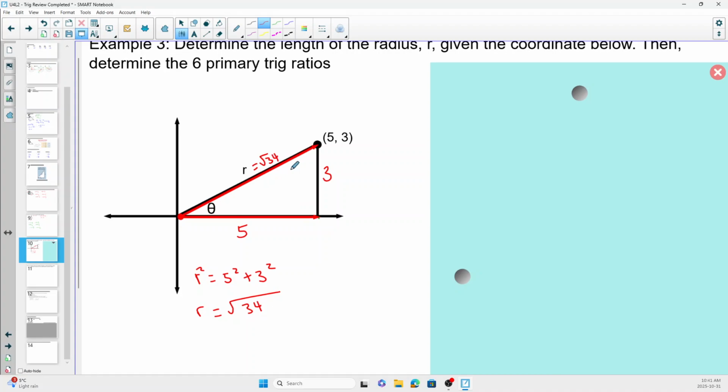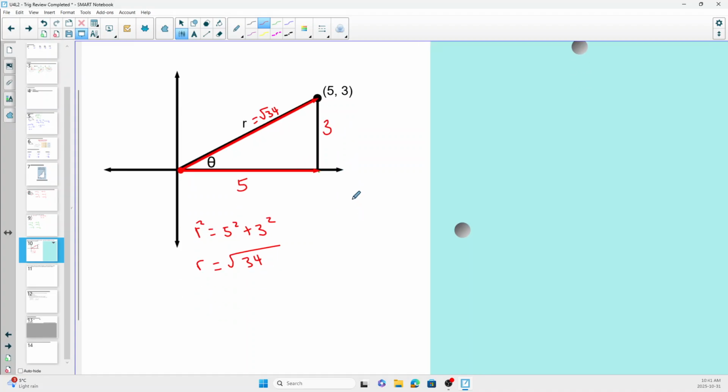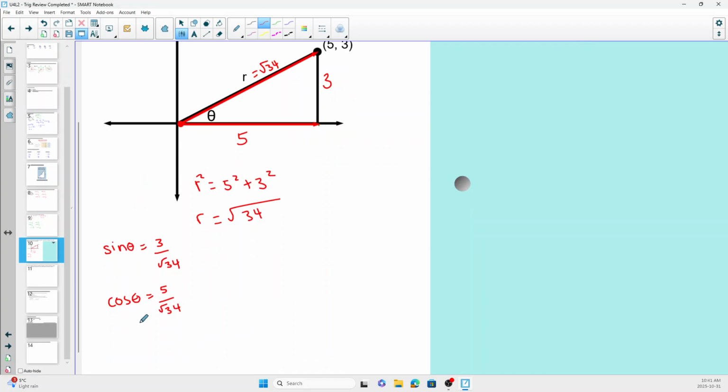And if we know that, we can write those primary trig ratios. So sine theta is equal to opposite over hypotenuse, which is 3 over root 34. Cos theta is equal to 5 over root 34, so we have adjacent over hypotenuse. And then tan theta is equal to 3 over 5.